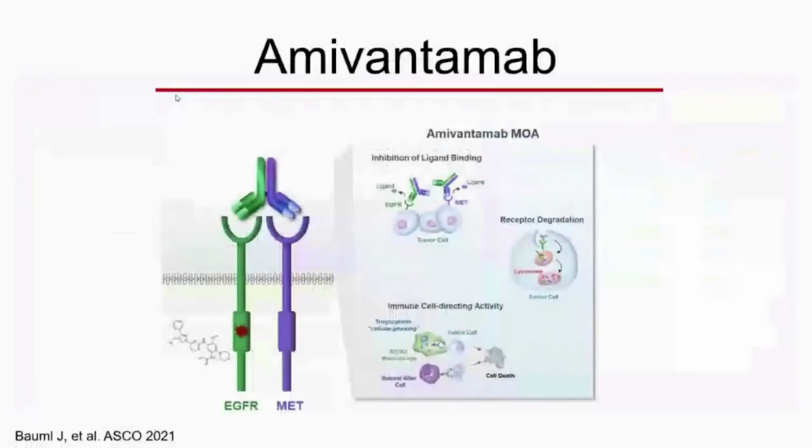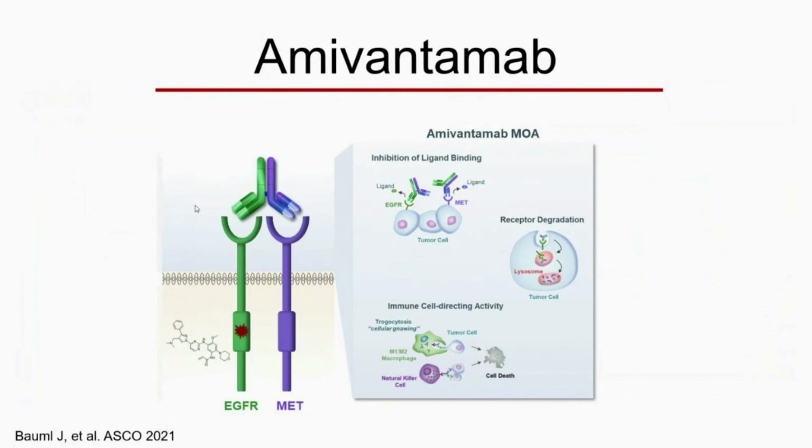Go to the next slide. And now I want to shift gears, because right now we don't have an approved small molecule inhibitor for EGFR exon 20 mutation, but we do. As of earlier this year, we finally have an FDA-approved therapy for exon 20, and it's this drug, amivantamab.